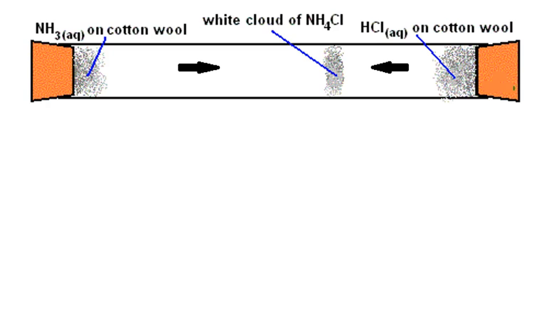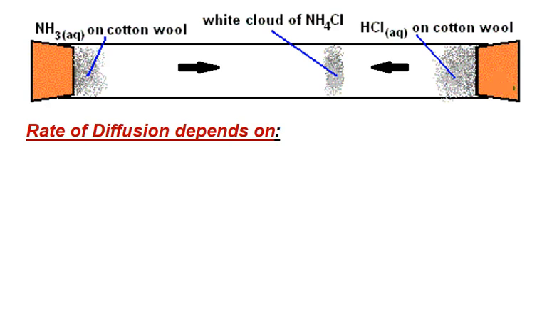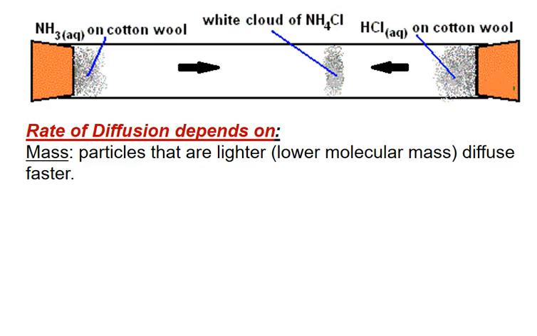Now, what determines the rate of diffusion of the particles? The main factor is the mass of the particles. If we look at the different particles of ammonia and HCl, the one that has lighter particles, lower molecular mass, will diffuse faster. If you don't remember, molecular mass is the addition of the masses from the periodic table.